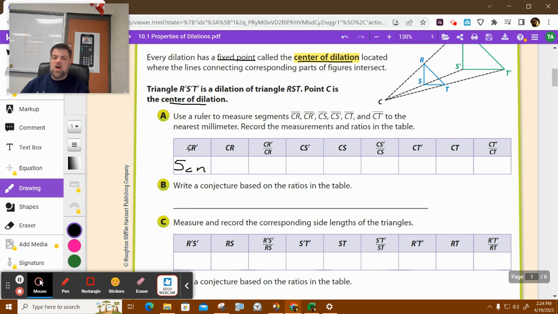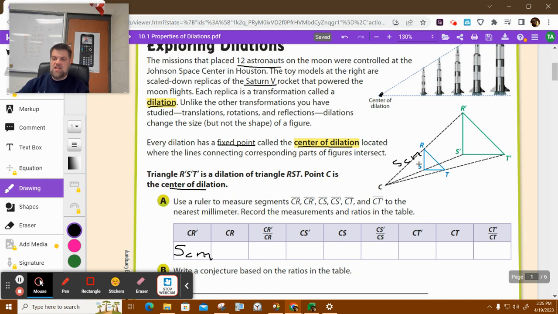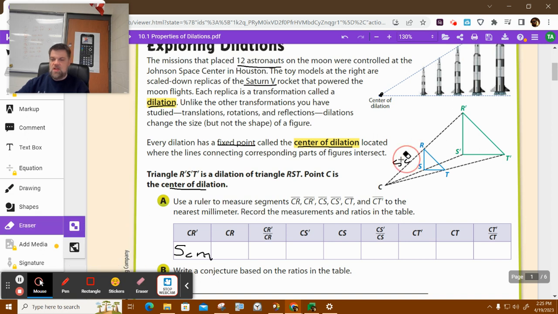So from C to R prime is 5 centimeters. In other words, if I were to measure from here to here in your textbook, it would be 5 centimeters. Keep in mind, Mr. Adams is really zoomed in on this whole thing. So let me redo this.